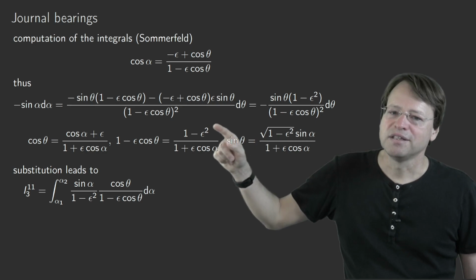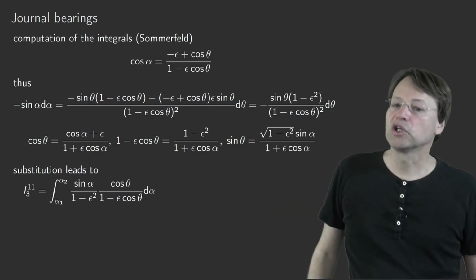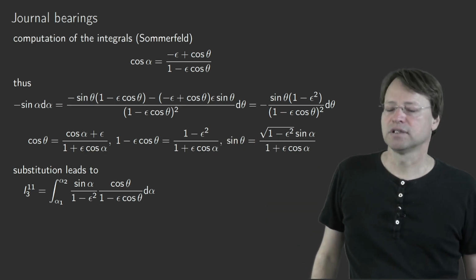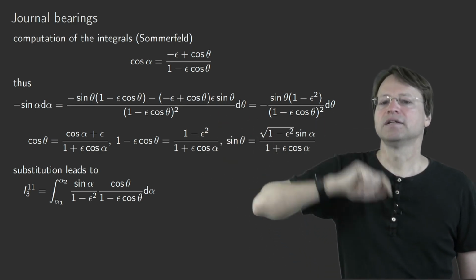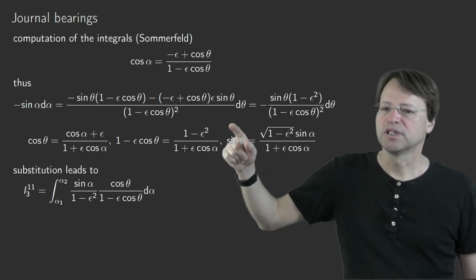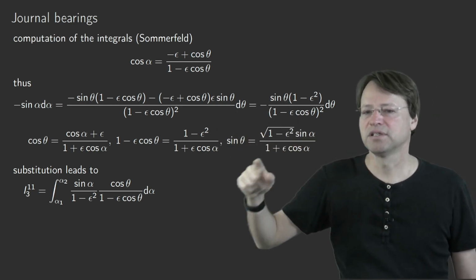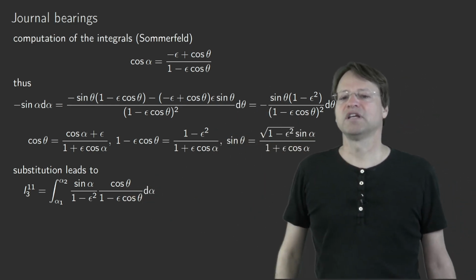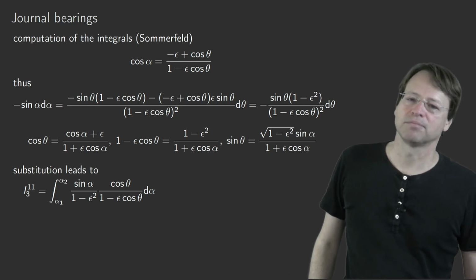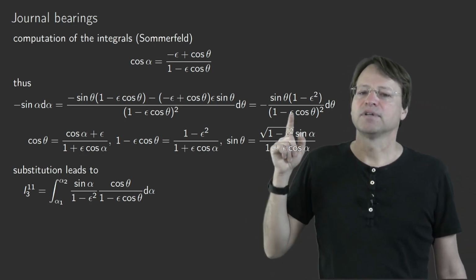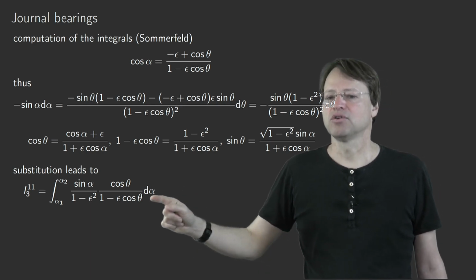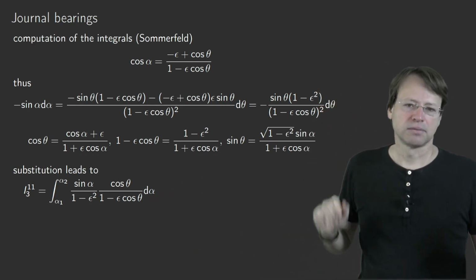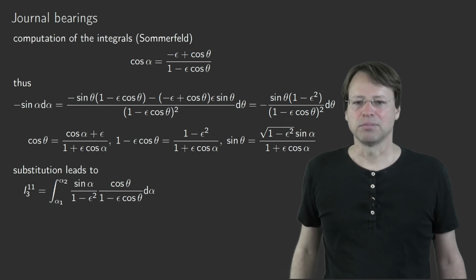But this is the only term here that does not include any angle alpha, so any sine or cosine harmonic of the angle alpha, in its numerator. The numerator of that expression will be the denominator for the expression 1 divided by 1 minus epsilon cosine theta. With this we avoid getting a harmonic function in the denominator, because that's what causes our problems here.